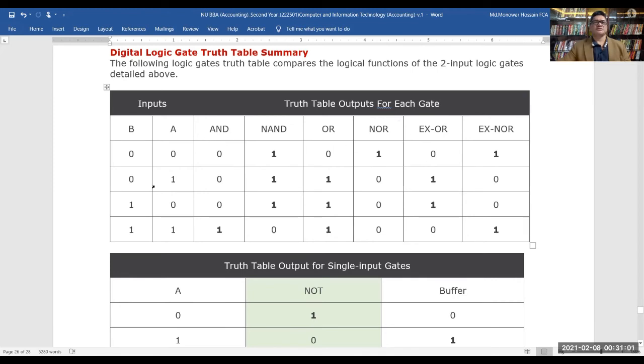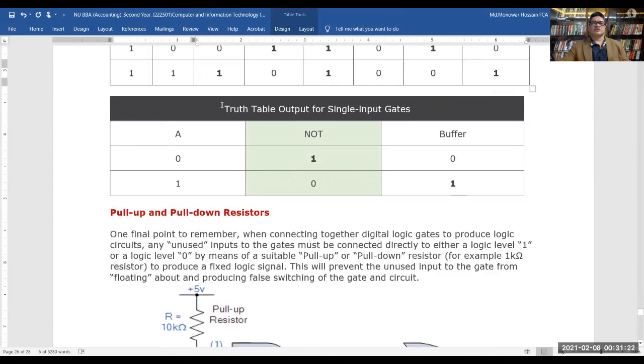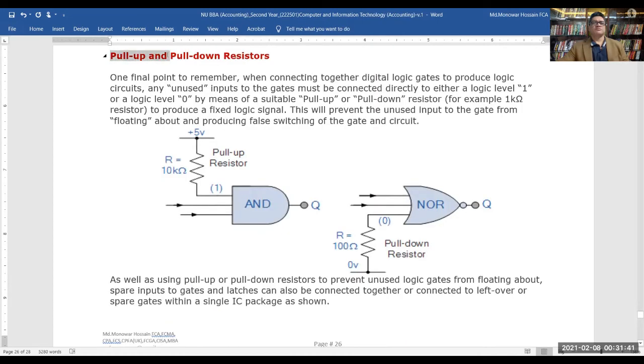This is the summary of the two-input gates, and this summary is the truth table output for the single input gates. Here, pull up and pull down resistors.